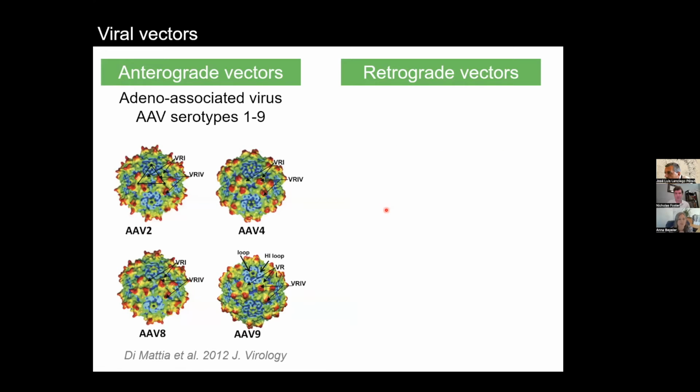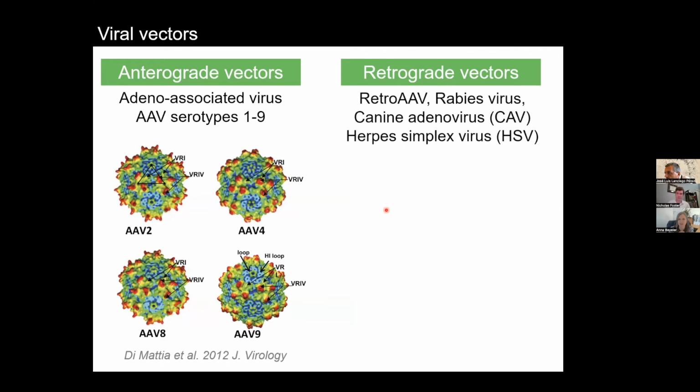Retrograde vectors on the other side also have different efficacy and tropism, and there are many of them currently used. So retro-AV rabies virus that we just heard about and will hear about in the next talk, canine adenoviruses or CAV, and herpes simplex viruses or HSVs.